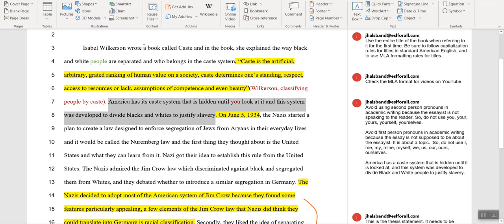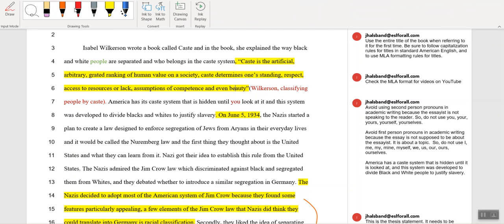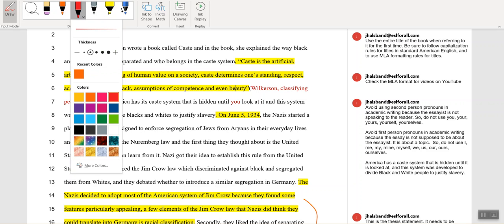So as a note for further on, I'm gonna go to draw, take the pen, and I may use red in this case.